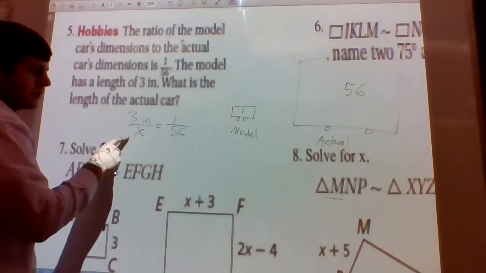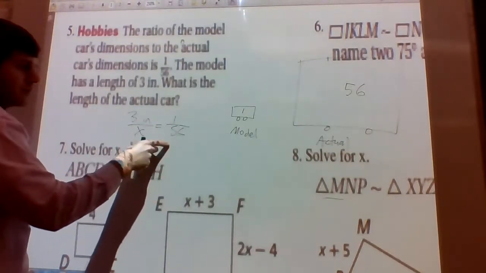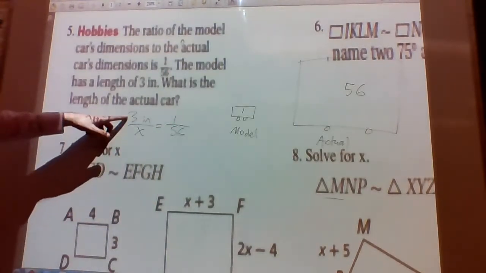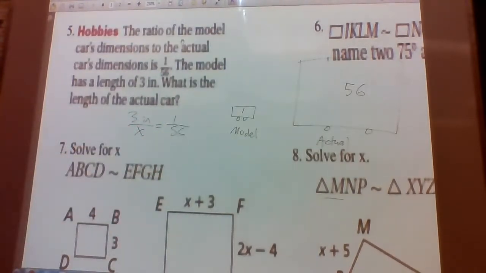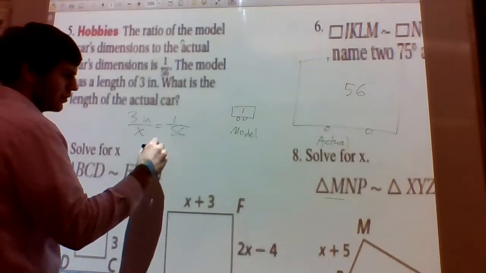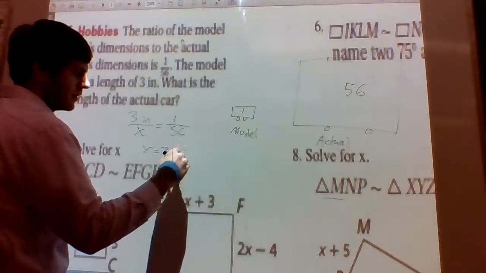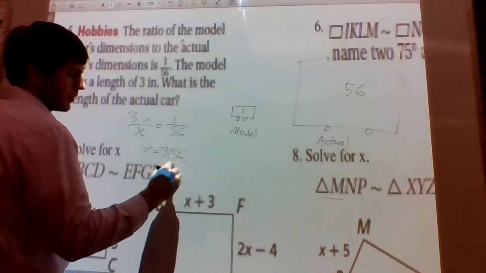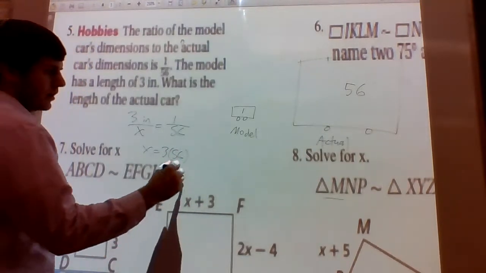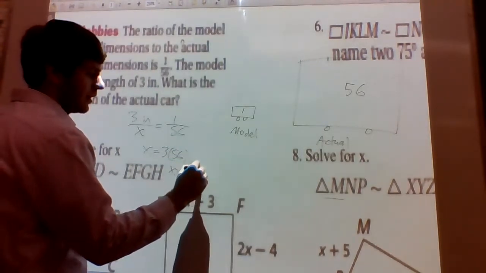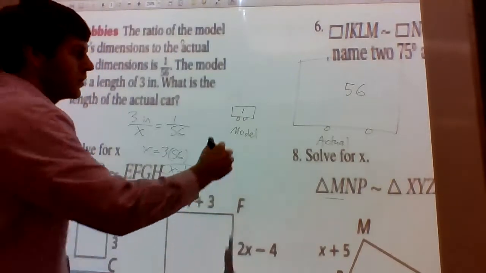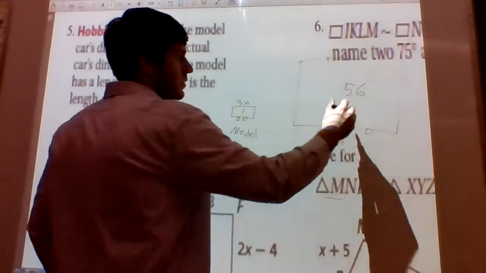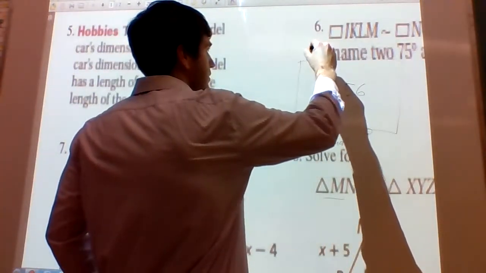We're comparing the length of the model car to the actual car: model, actual. Then you cross multiply. X is going to equal 3 times 56, so x is going to equal 168 inches. So this is 3 inches long, and this is 168 inches.